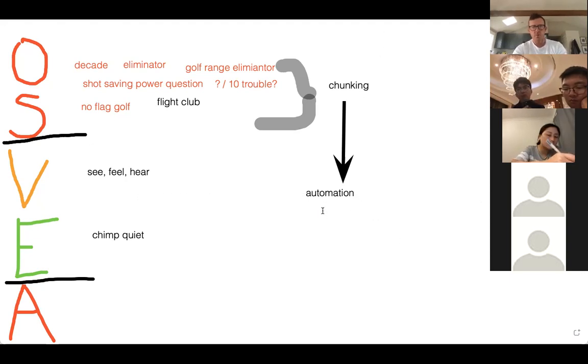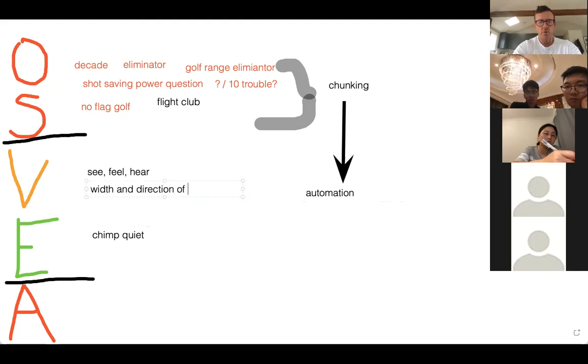My Zoom skills are a bit off today. The underpinning academic factors that we need to look at here: width and direction of focus.